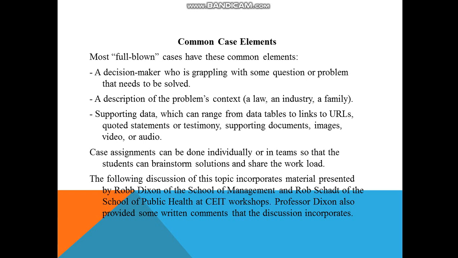Third one, supporting data, which can range from data tables to links to URLs, quoted statements or testimony, supporting documents, images, videos, or audios. Case assignments can be done individually or in teams so that the students can brainstorm solutions and share the workload.